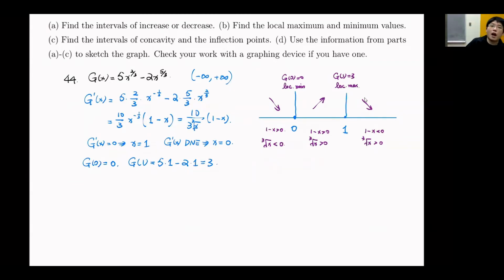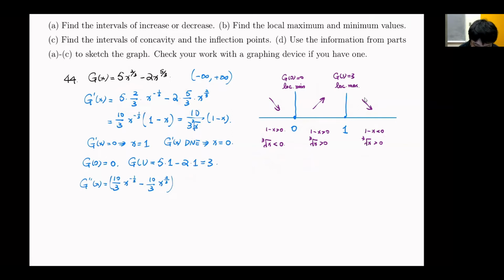Okay, now let's look at concavity, and I would rather not use the quotient rule here, but rather I will just start from this expression in here. So g double prime of x is simply going to be 10 over 3 times the derivative of x to the minus 1/3, minus 10 over 3 times the derivative of x to the 2/3.